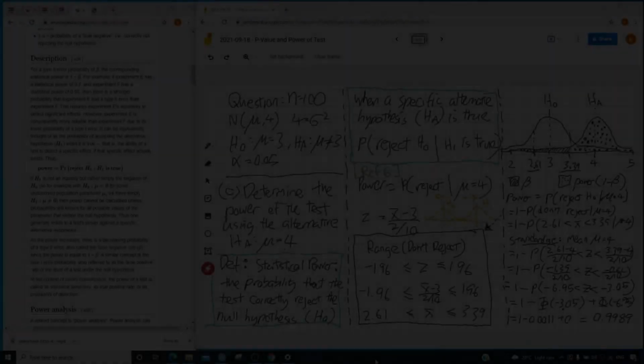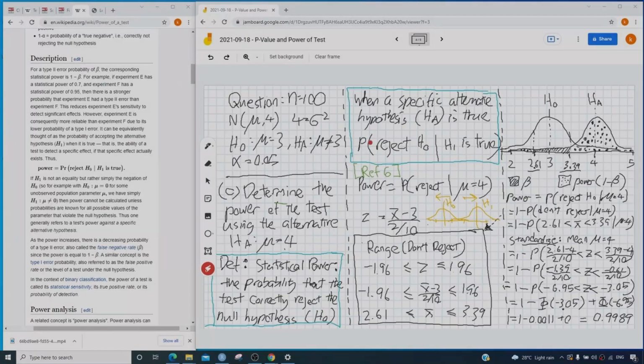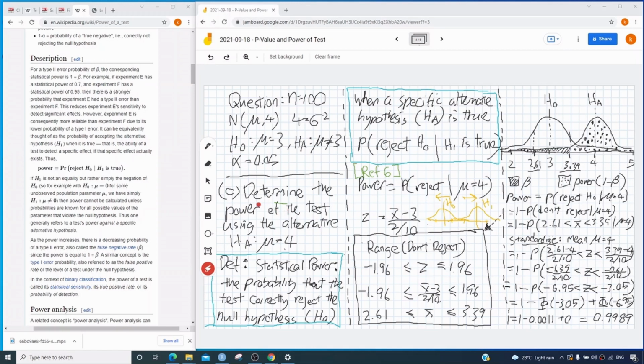Okay, we have arrived at the final part of this question. Part C, we need to determine the power of the test using the alternative hypothesis where mu equals 4. The definition of statistical power is the probability that the test correctly rejects the null when a specific alternative hypothesis is true.